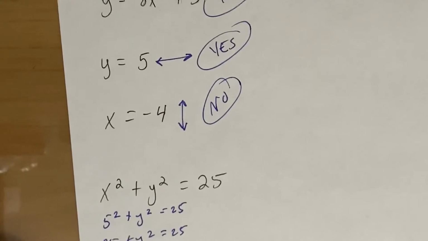Okay, which is okay. That only gives me, when I input 5 for x, only one output for y. However, if I were to input some other numbers, I would get 2 outputs for certain numbers. Because think about it, if I get y squared equals, and let's say I get a number that's non-zero.